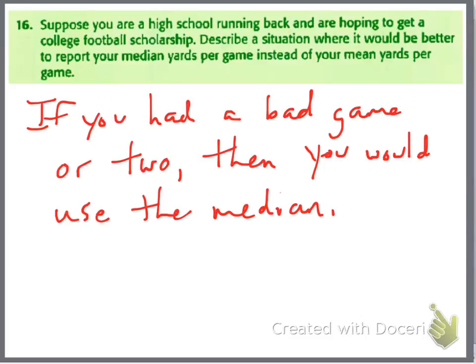Because remember, the median is all about where the number in the middle is. It's not necessarily about the values, it's about the number in the middle. The mean, the average, any big number, any small number could affect that average greatly. So like I said, if you average 147 yards rushing a game, and you have a game where you rush for 30 yards, that average is going to come down a lot.